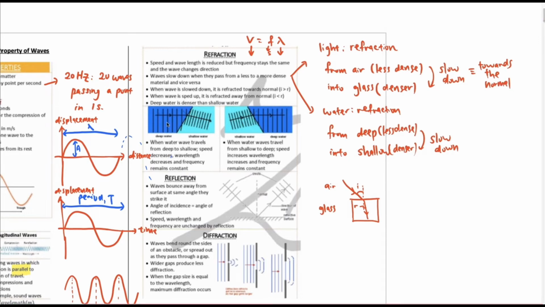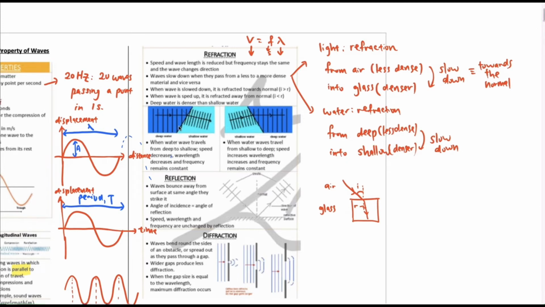For water waves, how to see it is towards the normal? Okay, let's see. You look at this picture here. First, we need to know where is the normal. Okay, so the normal is always perpendicular to the boundary. Like here, this is the boundary that separates the air and the glass. This is the boundary that separates the deep water and the shallow water.